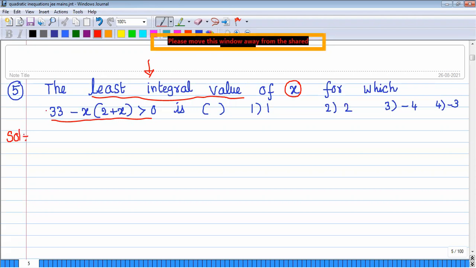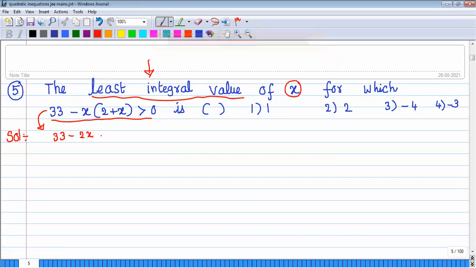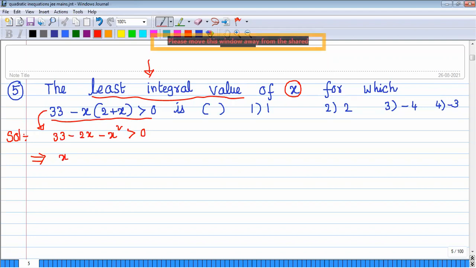First, let us simplify this one. 33 minus 2x minus x square greater than 0. Multiply with a negative sign, x square plus 2x minus 33 greater than 0.